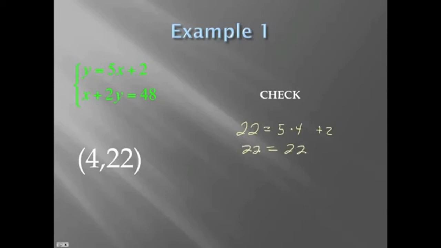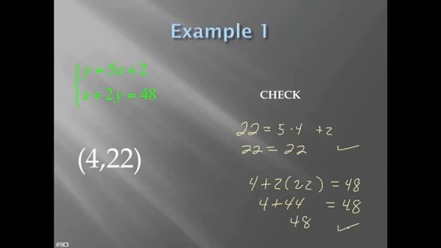So 22 equals 22. That's correct. I could have checked it with the second one as well. 4 plus 2 times 22 equals 48. 2 times 22 is 44. So 4 plus 44 equals 48, and that is also correct. So double check, we got it right.